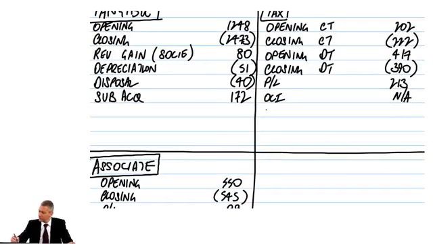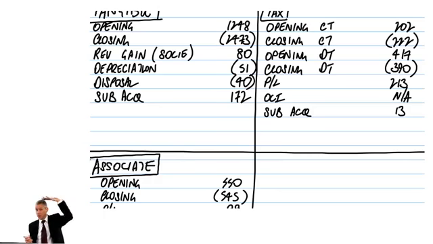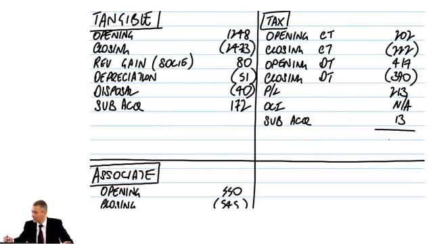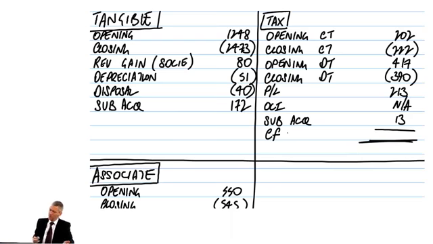So we then have a sub acquisition of 13. When a sub walks in with a tax liability, it makes the tax liability go up, so it's positive in the tax working. That's the end of the tax working, and that gives us a cash flow, which is the tax paid.